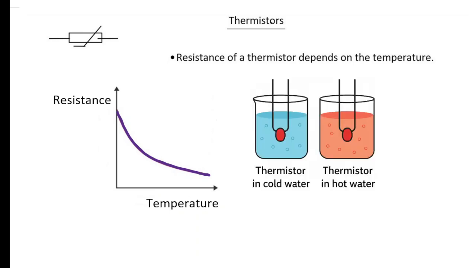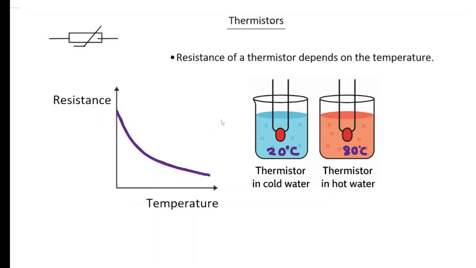Now, if you take a thermistor and put it in cold water, and get an identical thermistor and put that in hot water, let's say the temperature of this water is 20 degrees Celsius, and this one is 80 degrees Celsius. Then, if you connect an ohm meter and measure the resistance, the one in cold water will have a higher resistance.